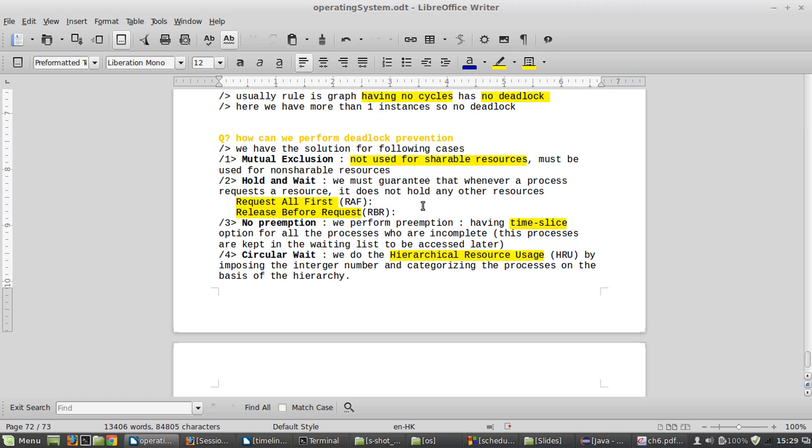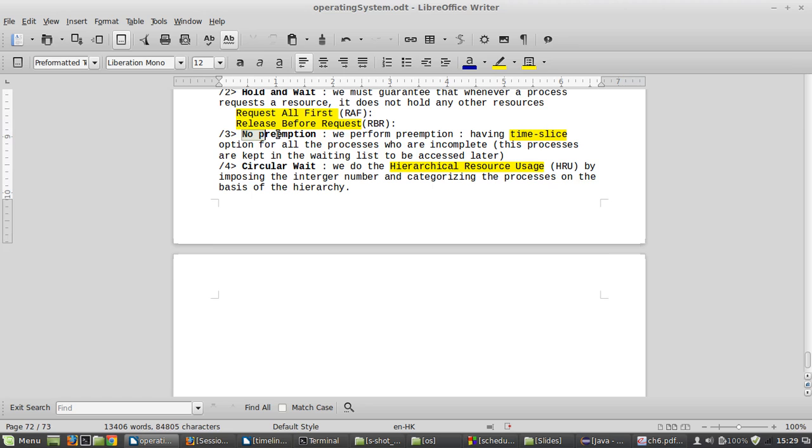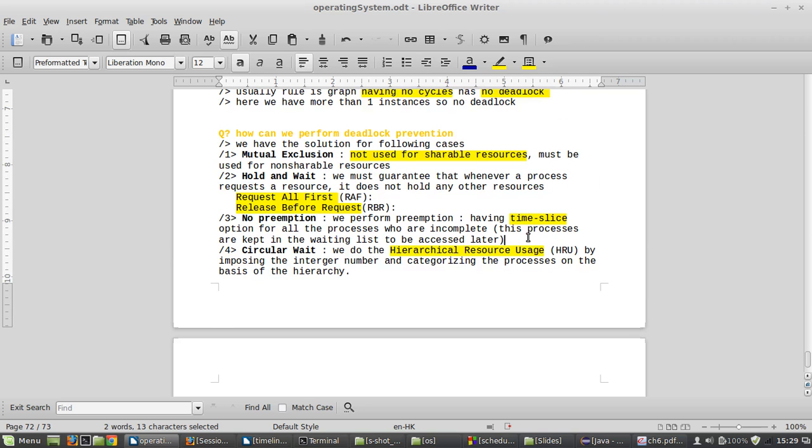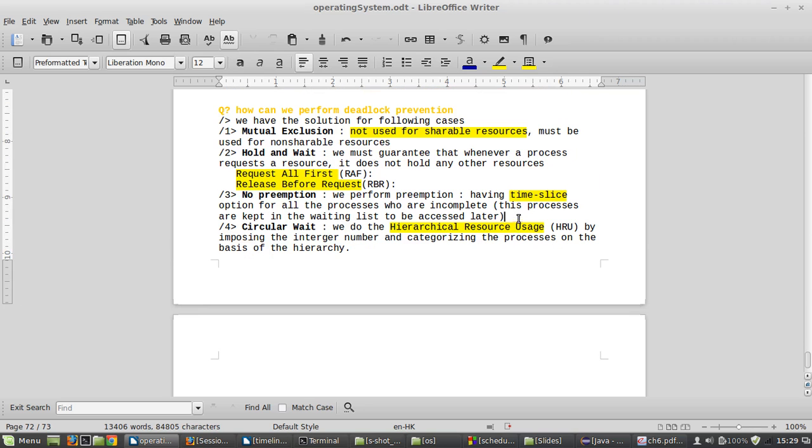This kind of activity is performed in the case of hold and wait, to prevent a situation where you are holding one and waiting for another, right? So this doesn't happen: either you request all or you hold all, and you release all before requesting. In case of no preemption, we just try to use preemption.